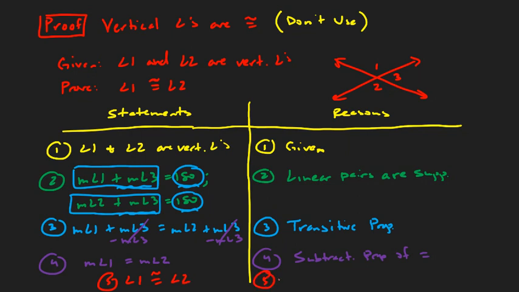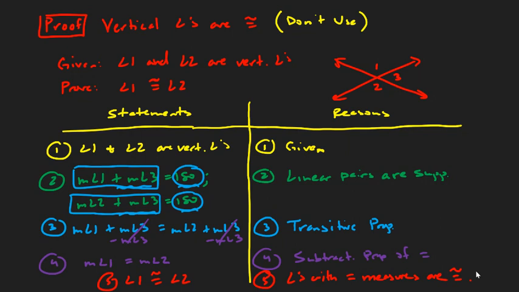And the reason is because angles with equal measures are congruent. And we have proven why vertical angles are congruent.